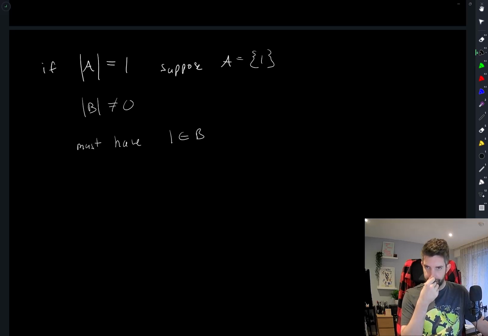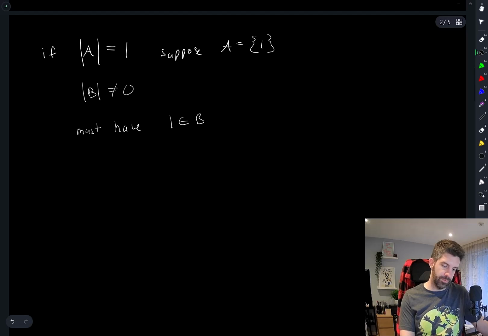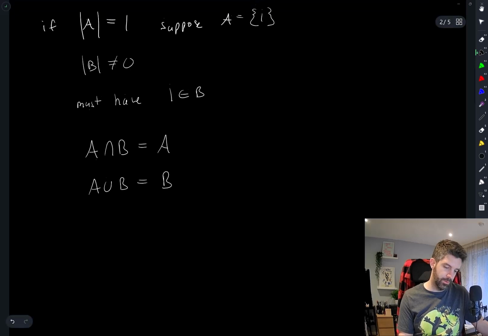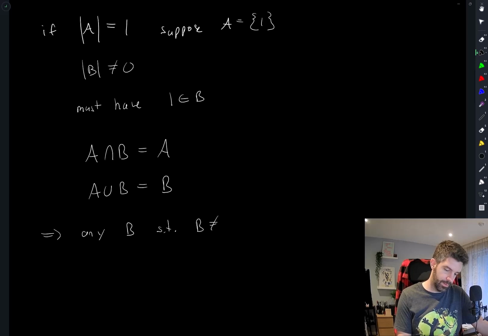But then A intersect B is simply equal to A, and A union B is equal to B. So any B such that B is not the null set and 1 is in B works.